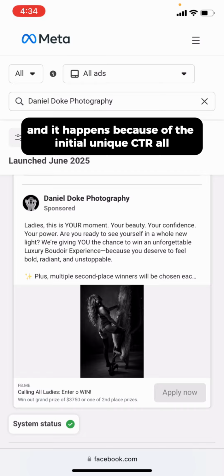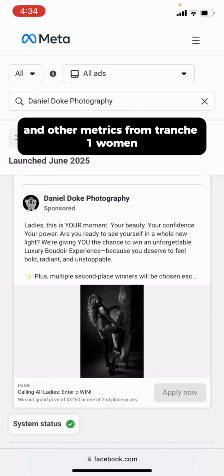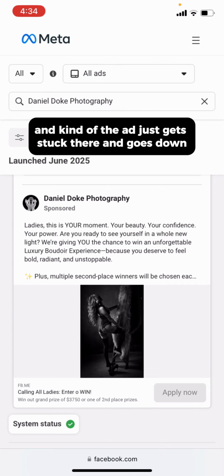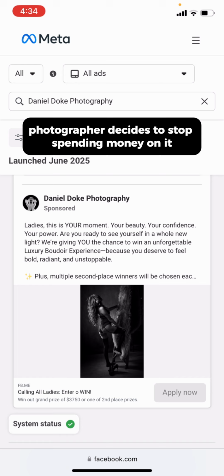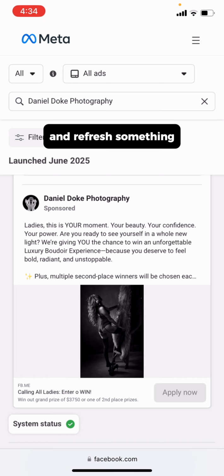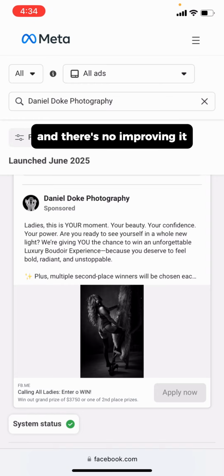And it happens because of the initial unique CTR all, conversion rate data, and other metrics from tranche 1 women. The ad just gets stuck there and goes down until it burns out, dies out, or the business owner, boudoir photographer, decides to stop spending money on it and refresh something, because its hidden meta ad score is stuck down in the doldrums and there's no improving it.